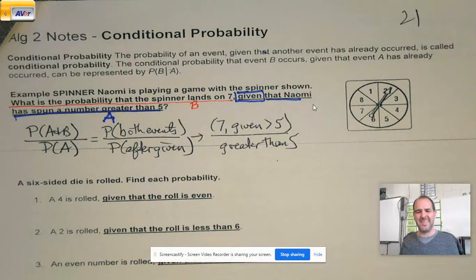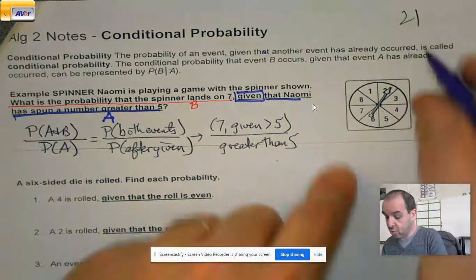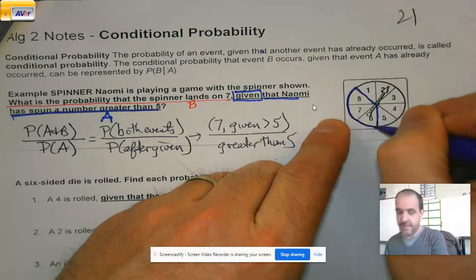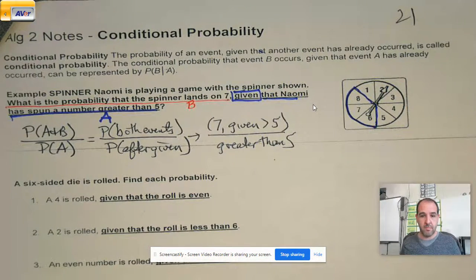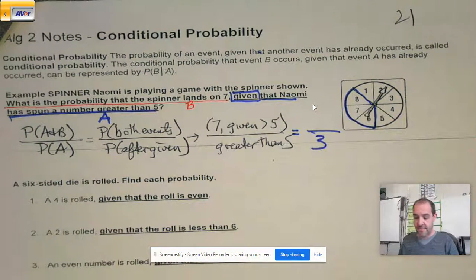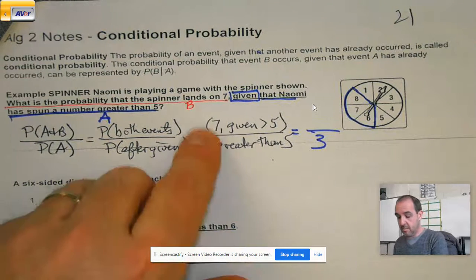So you're like, okay, so what does this mean though? If the number is greater than 5, okay, there's the numbers we're working with. So how many numbers are we working with? We're working with 3 that are greater than 5. How many of those numbers in that little piece of the pie there are 7?